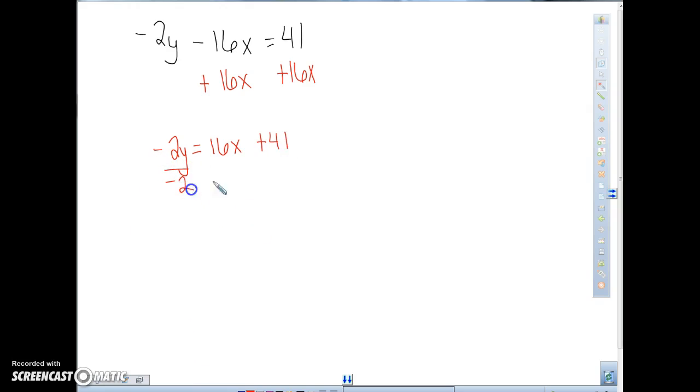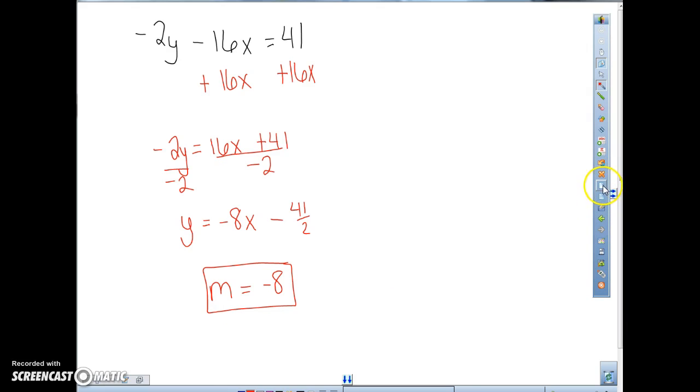Then to get the y by itself, you divide by negative 2. So y is equal to 16 divided by 2 is negative 8x. 41 divided by negative 2 doesn't reduce, so negative 41 over 2. And so when you're looking for the slope, our slope would be negative 8.